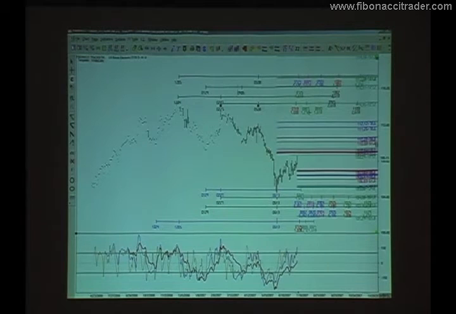I'll show you. I'm glad you're bringing it up. I want to answer these questions. It's the 3-point tool because you use 3 points. On the program, when you hover over it, it's called time expansion, because you're taking the prior swing, measuring it, and projecting from the beginning of the current swing.